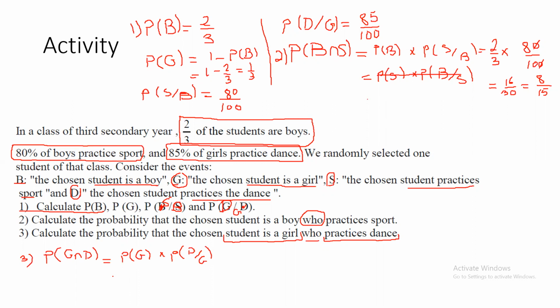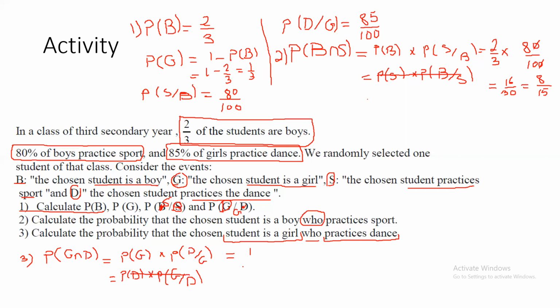I cannot use the other one. The other one is the probability of D times the probability of G given D. I cannot use it in this part. So it is equal.